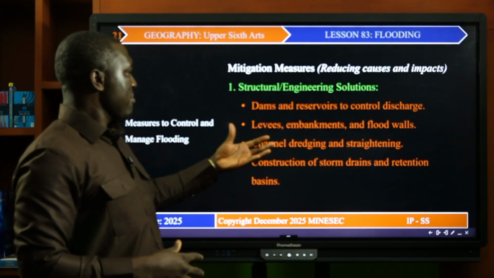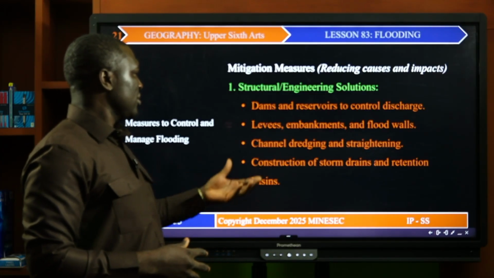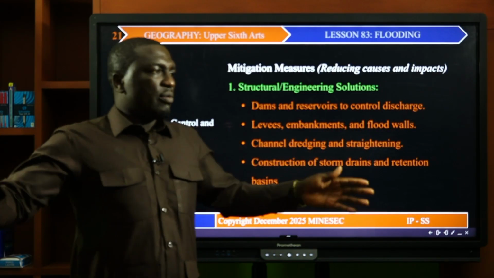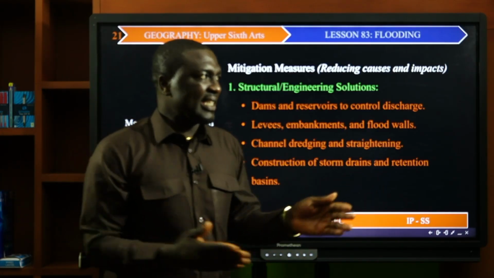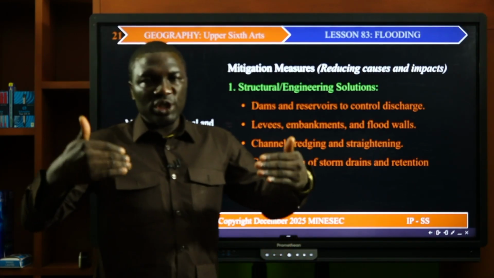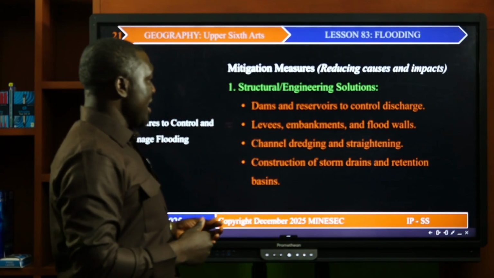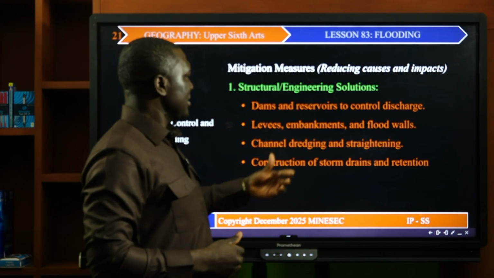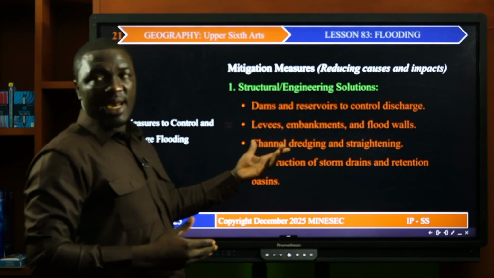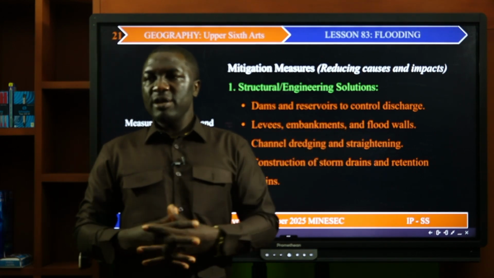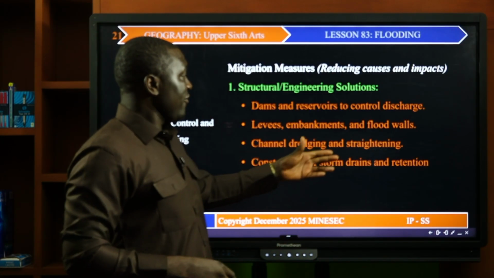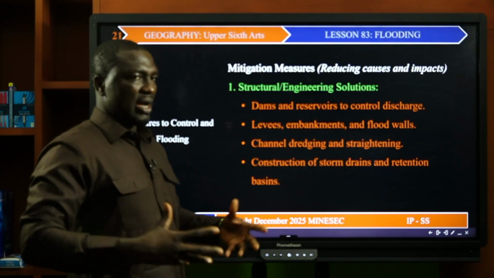Levees, embankments, and flood walls. Levees are natural walls, rivers elevated on the right and left banks of the river to keep water within the channel, while an embankment could be human-made along the banks, and flood walls too are created.